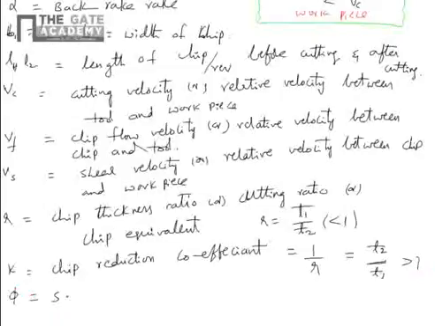Phi equal to the angle of the shear plane with the velocity vector. We have assumed already that the width of the chip remains constant.